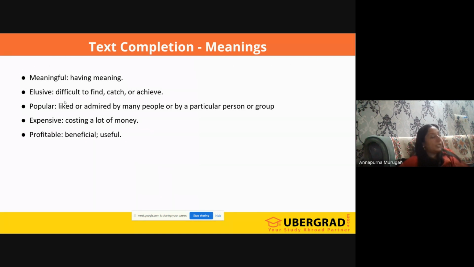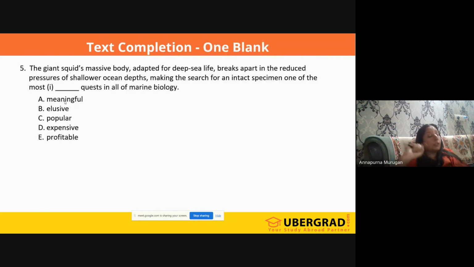To know the meaning, just see. Elusive is what? Difficult to find, catch, or achieve. Got it? Even sometimes without knowing the word meaning, by process of elimination, you people can take the answers. But how can you do the process of elimination? You can do the elimination only when you know the shadow answer.